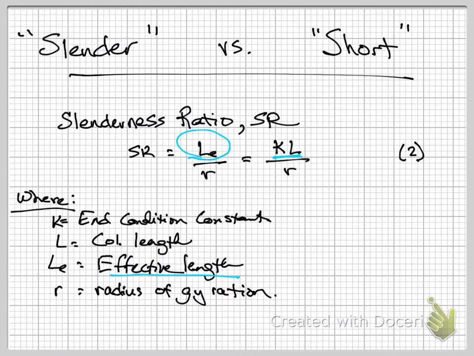And then we also have this radius of gyration, R, which maybe we don't know a whole lot about, but if we kept our slenderness ratio to be unitless, we can pretty much guess that our radius of gyration needs to be in inches. Okay. These are our two new terms that we need to identify.